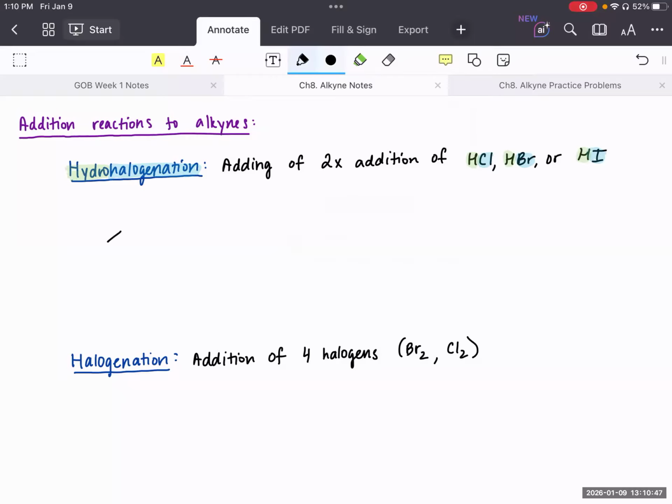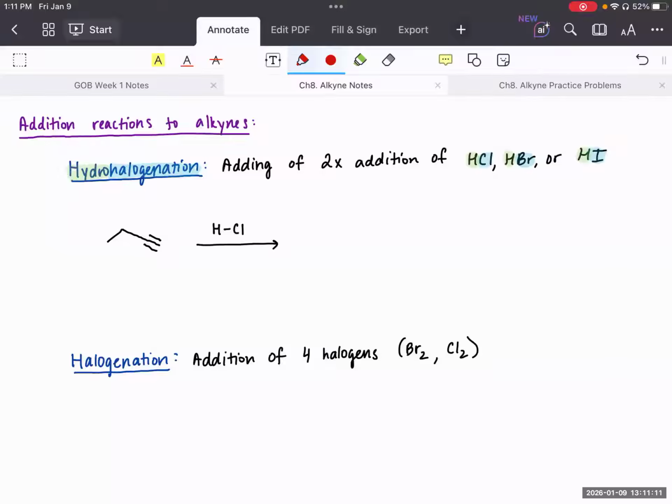I'll start off with this molecule where we just have a terminal alkyne. I'll just use HCl as the example. We'll assume that we have an excess of HCl or HBr or HI, meaning that multiple HCl's can react with the starting material.